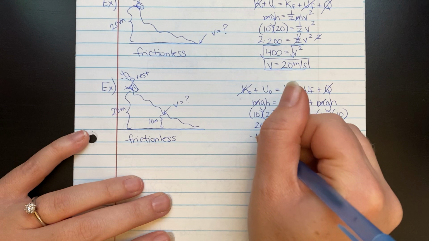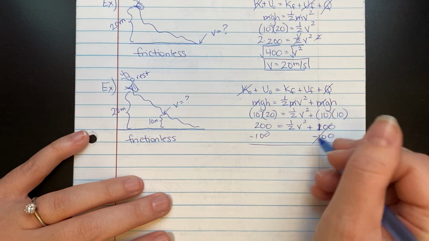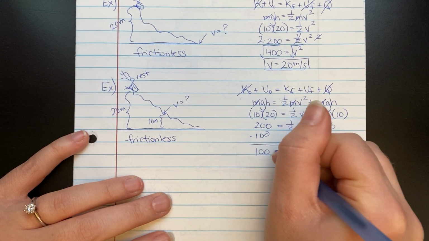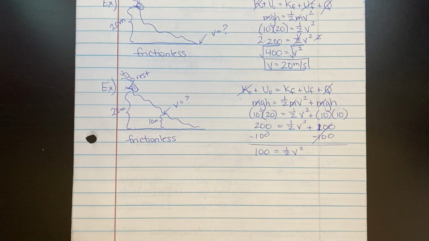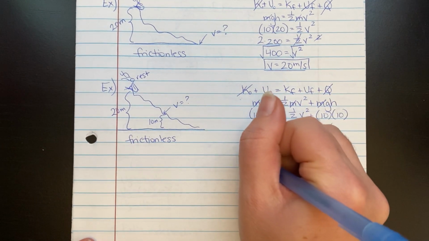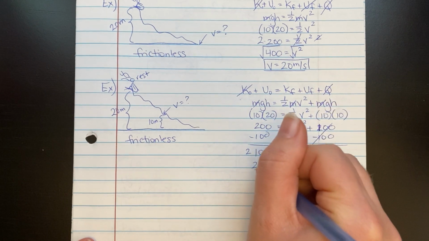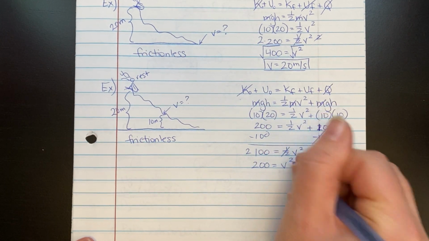Subtract 100 to the other side, and we get that 100 is equal to 1/2 v squared. Next thing we're going to do is multiply both sides by 2, where we get 200 is equal to v squared.